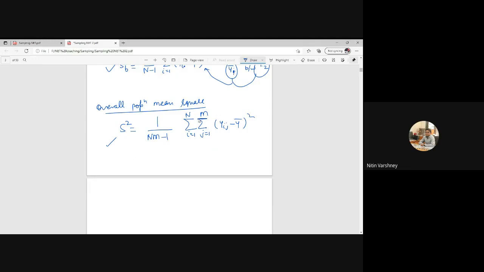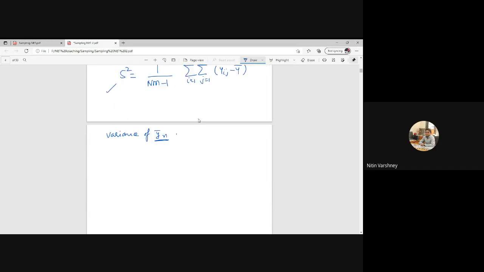Now we will see the variance of y bar n, that is our estimator. The variance of the estimator y bar n dot is equal to 1 upon n minus 1 upon capital N, times SB square.